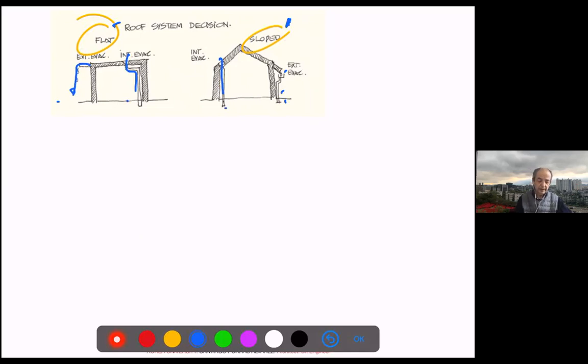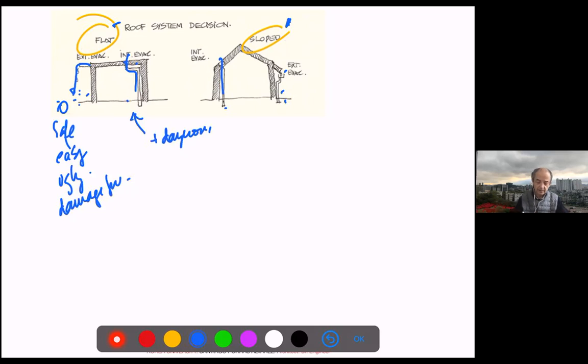Exterior is very safe and easy, but it's ugly, and it can damage the facade because you have splashes and so on. Interior is a bit more dangerous because you may have more leaks. It's more difficult to maintain.